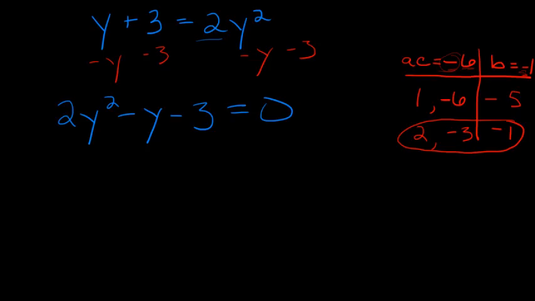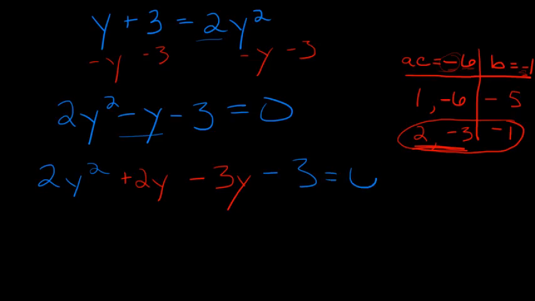So now, the AC method tells us we're going to use these two numbers right here to replace the middle term of my trinomial. So I have 2y squared, and then instead of writing -y, I'm going to write plus 2y minus 3y, and then I'm just going to keep that -3 equals 0.